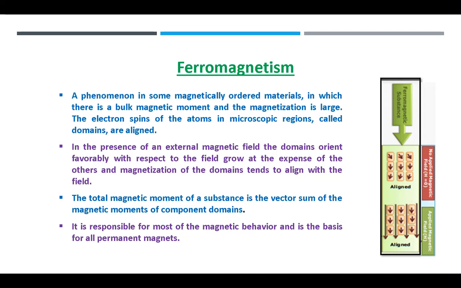In the presence of an external magnetic field, the domains oriented favorably with respect to the field grow at the expense of the others, and the magnetization of the domains tends to align with the field. The total magnetic moment of a substance is the vector sum of the magnetic moments of the component domains.